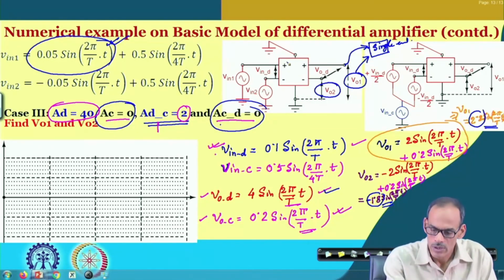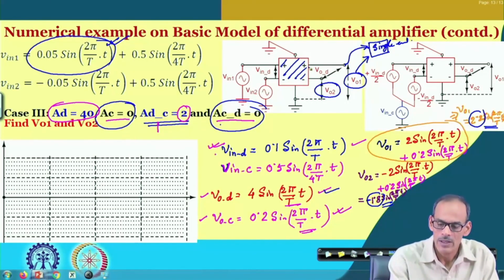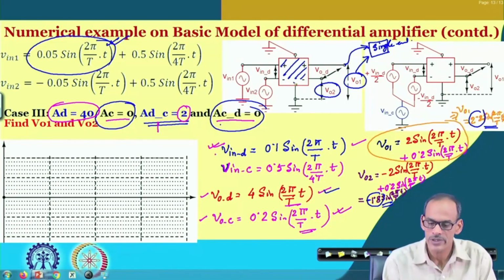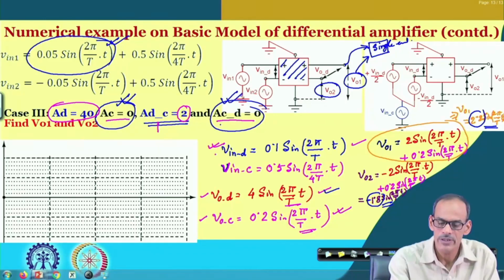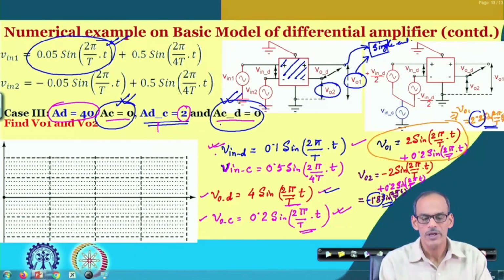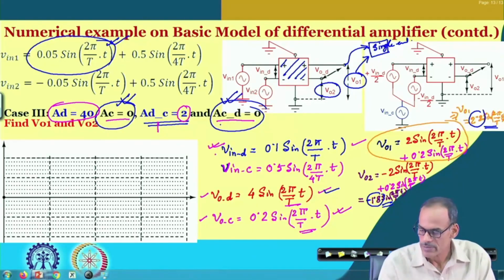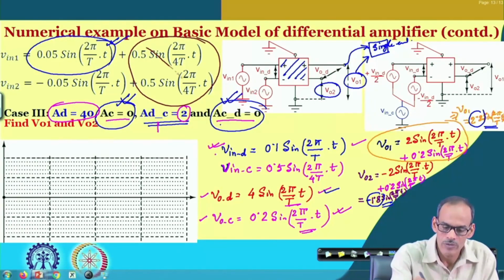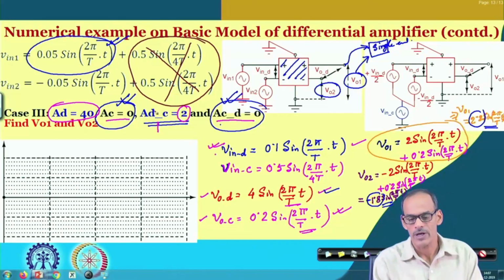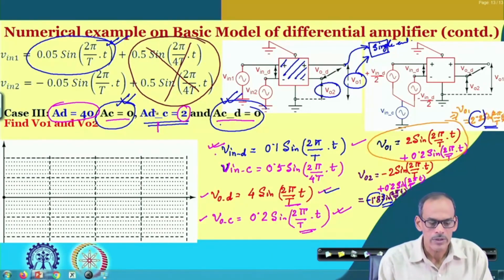So, in summary, this circuit is very nice. Just by putting this one differential amplifier having this important property, namely AC as well as ACD are 0, that completely suppresses the unwanted part. So, it completely removes this part. Now, in practical cases, however, all of these parameters may be present.